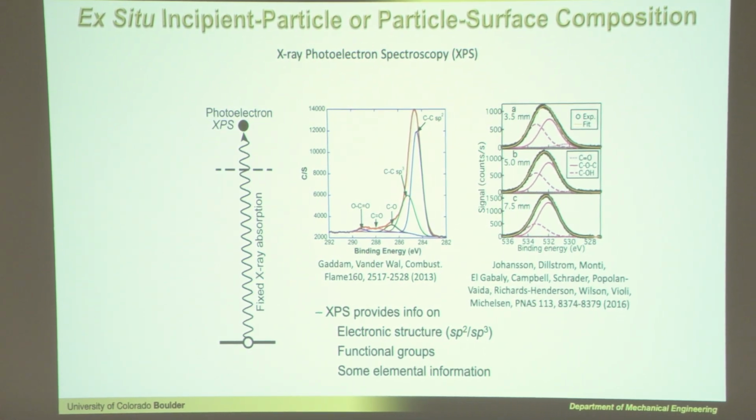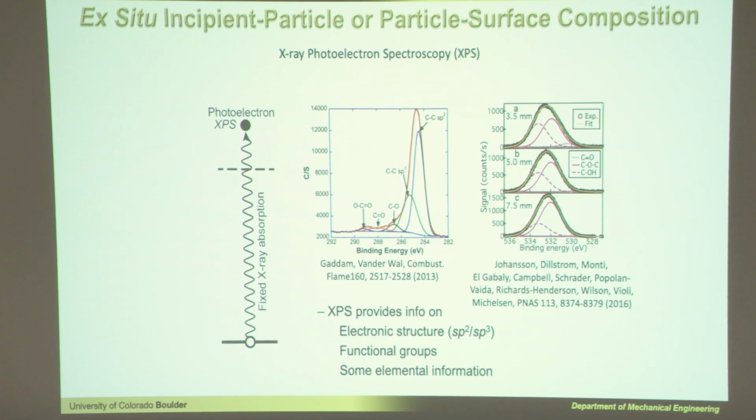It's where you're going to get that excitation in carbon. The energy will change depending on what your carbon is bonded to. So you can get some information about the bonding of carbon to oxygen, another carbon, whatever. But you notice how hard it is to see all those little peaks underneath, and then you're trying to fit all these little peaks. It can be really messy to try to analyze the data.